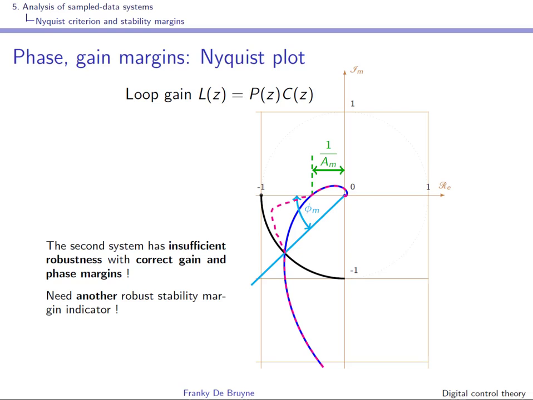So the second system has insufficient robustness, but it has the same correct gain and phase margin. So we need another robust stability margin indicator to deal with this second case.